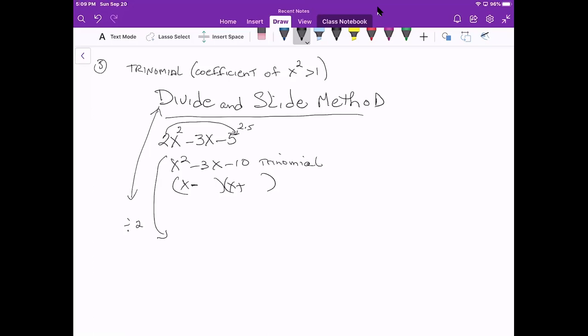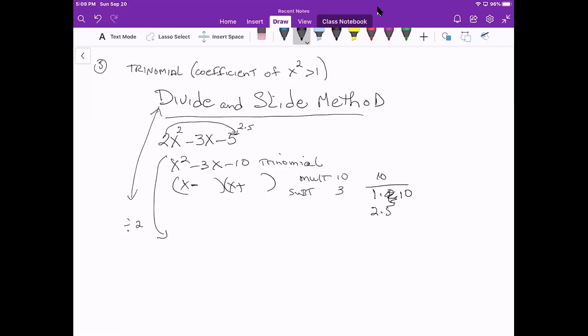All right, so we need to multiply to get 10, and these are going to be different, so we're going to subtract to get 3. So I'm going to take the 10 and write all my factors. 1 times 10, 2 times 5. Oh, wait, 2 and 5.